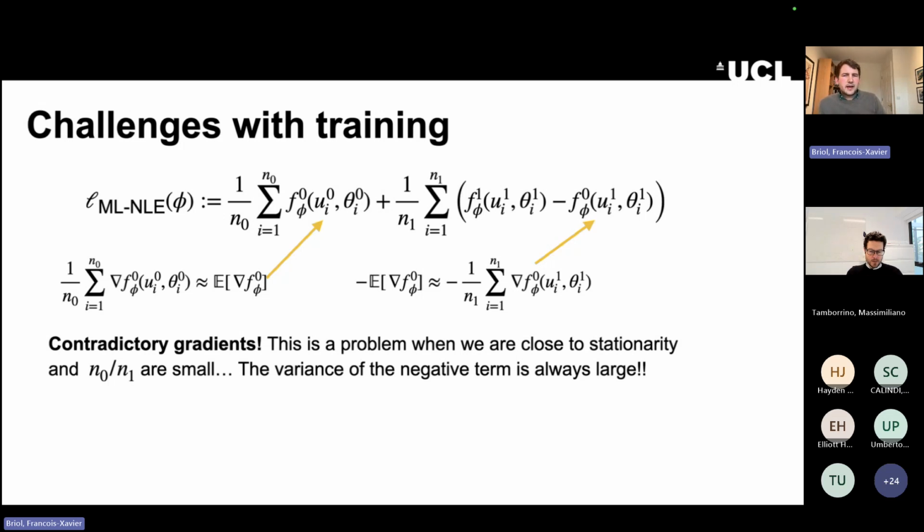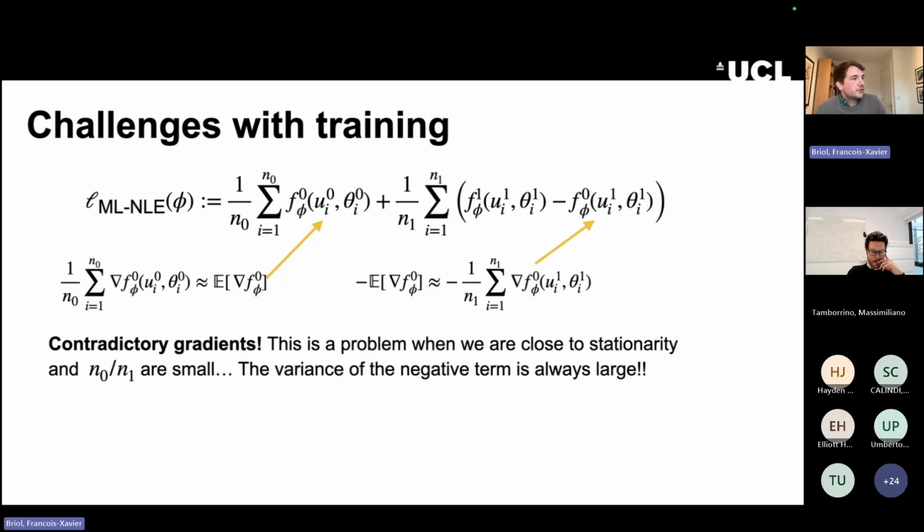Now, here what happened is that N0 might be very large, but N1 is going to be very small. And so you might have a lot of variance on that second part. What would happen with the training is that we do gradient descent, or some sort of fancy version of gradient descent, things would go down and then suddenly they would start going up again, mostly because one of the terms would push us in the wrong direction because of this variance.